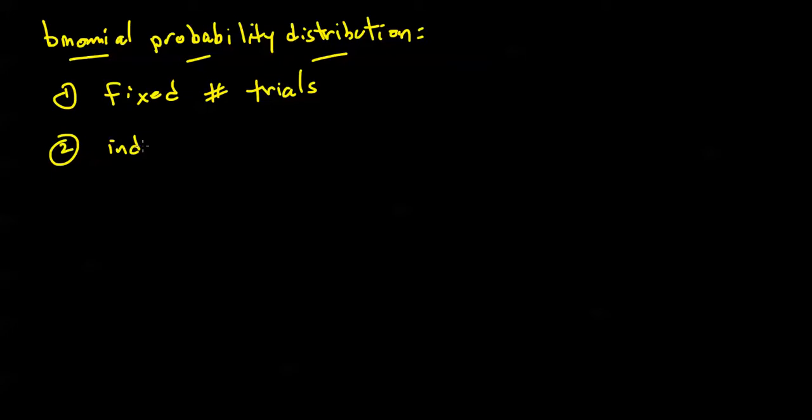Requirement 2, the trials must be independent. Certainly when we're counting up the number of boys or girls in a certain number of births, we're assuming independence, and that the gender of one child in any birth does not affect the gender of a child in another birth. 3, there's 2 outcomes per trial.